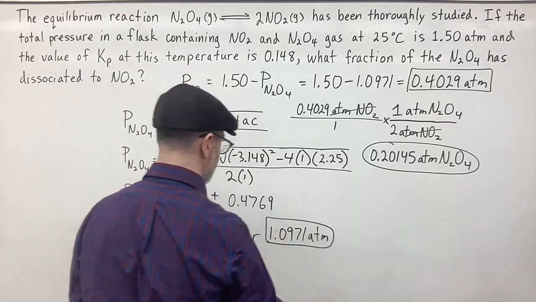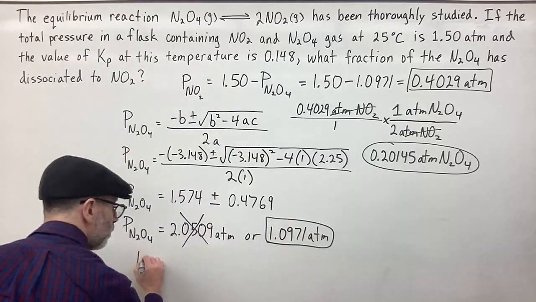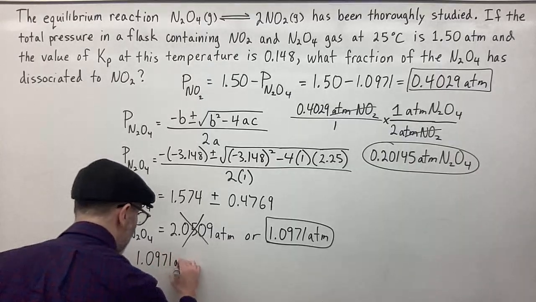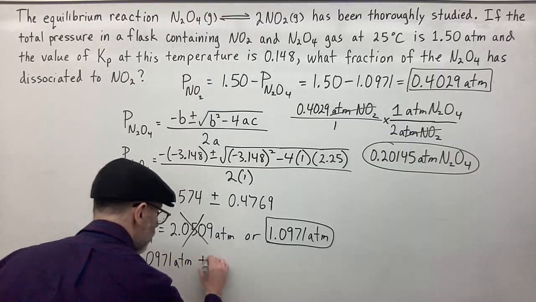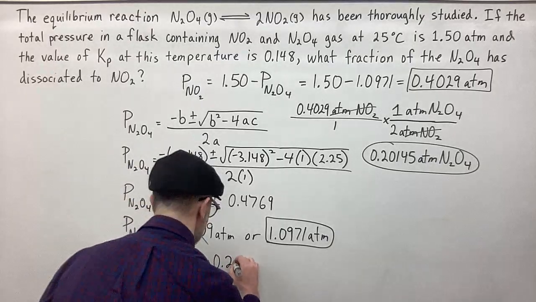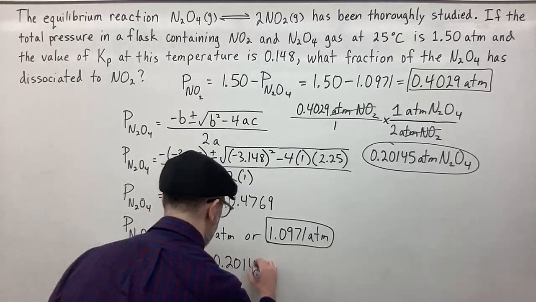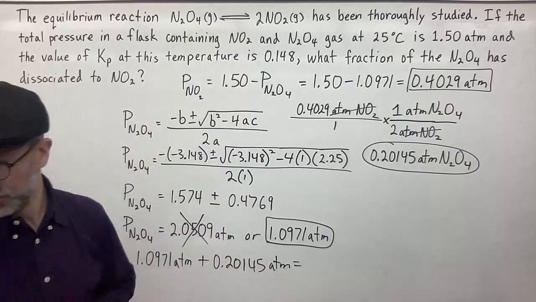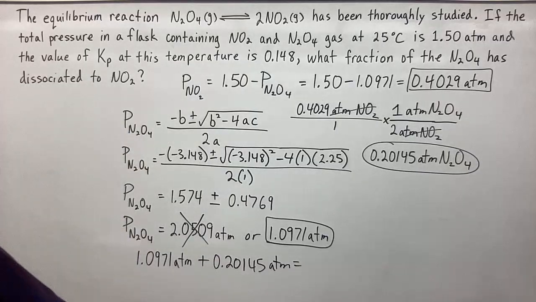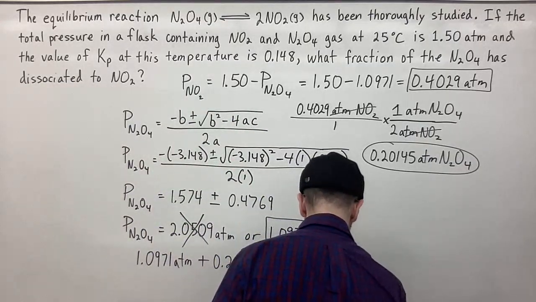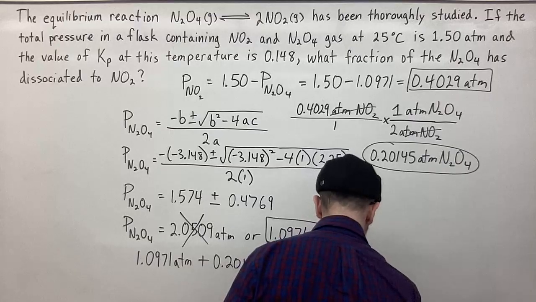So when I add these two together, right, so you add 1.0971 atmospheres plus 0.20145 atmospheres, and you add those together, you get 1.298 atmospheres.